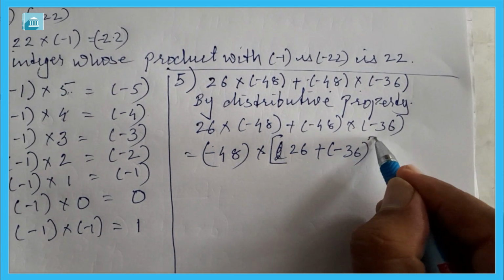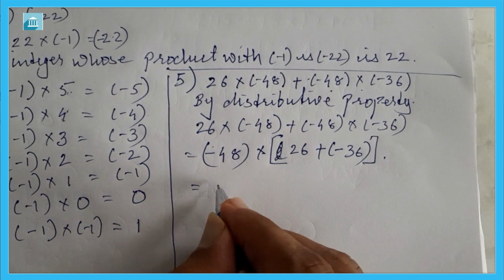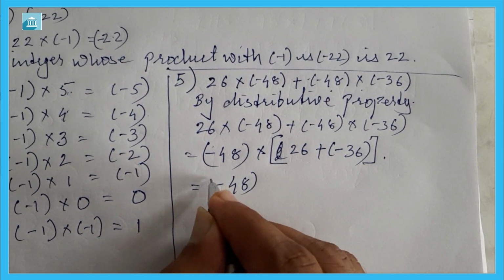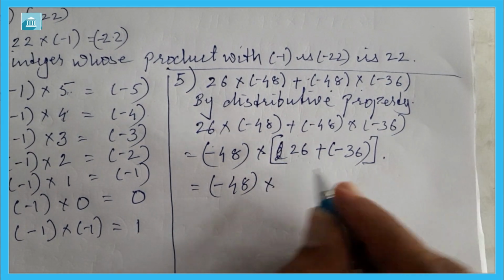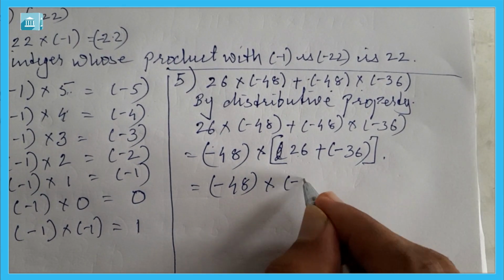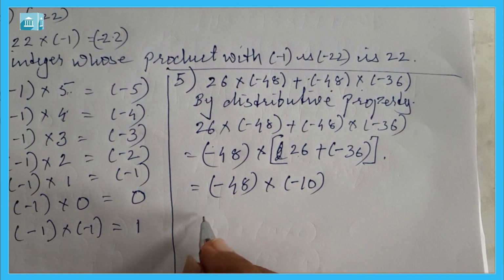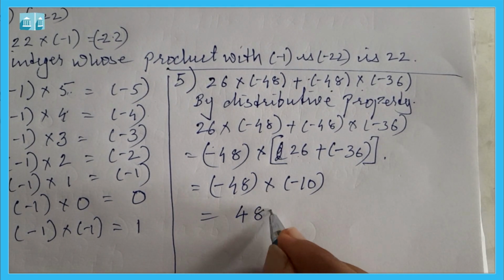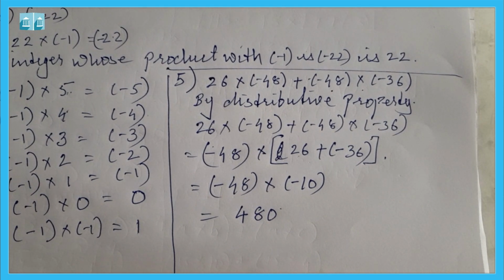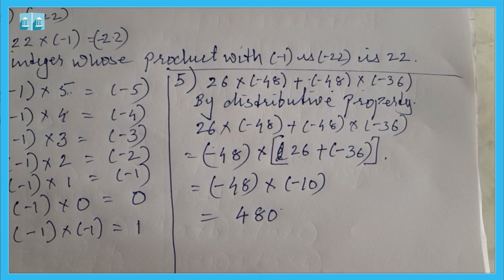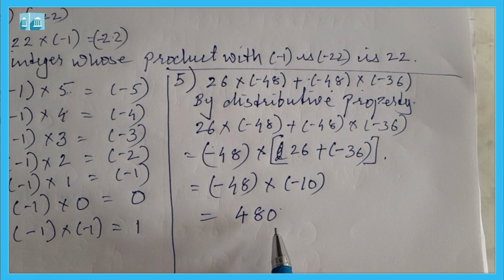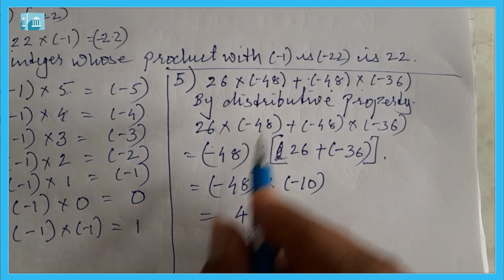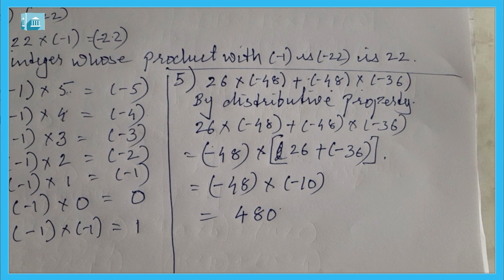So this will be -48 multiplied by 26 plus -36, that will be -10, so -48 into -10, negative into negative will be positive. We can say 480. So the answer will be 480 by the distributive property.